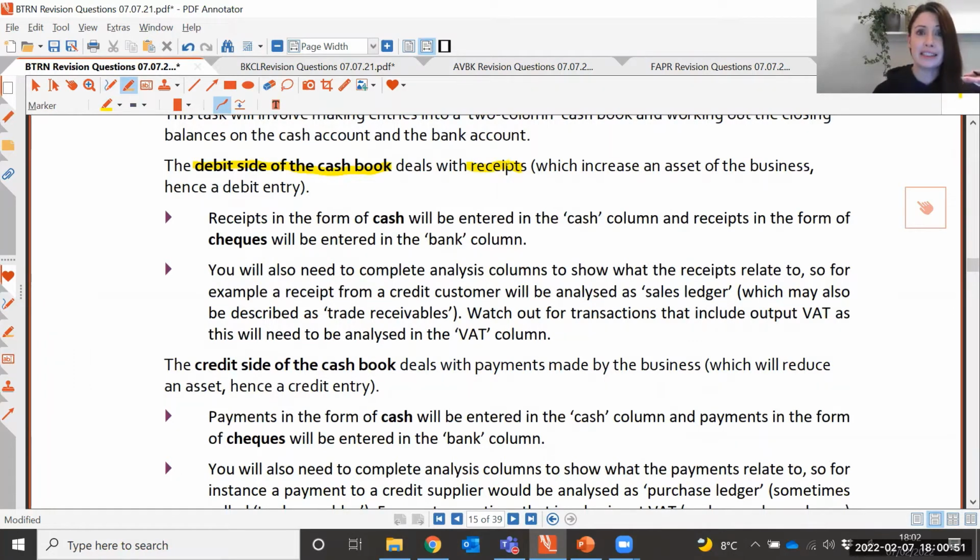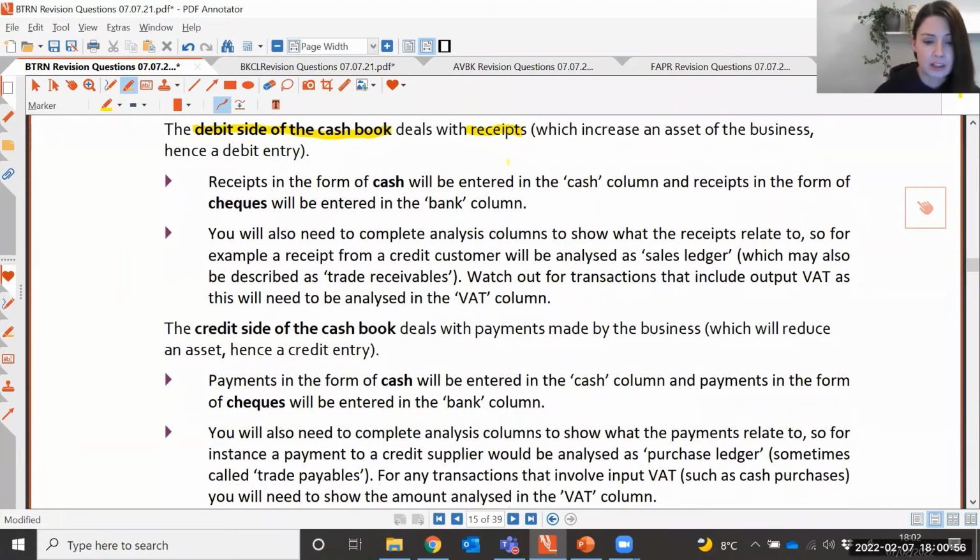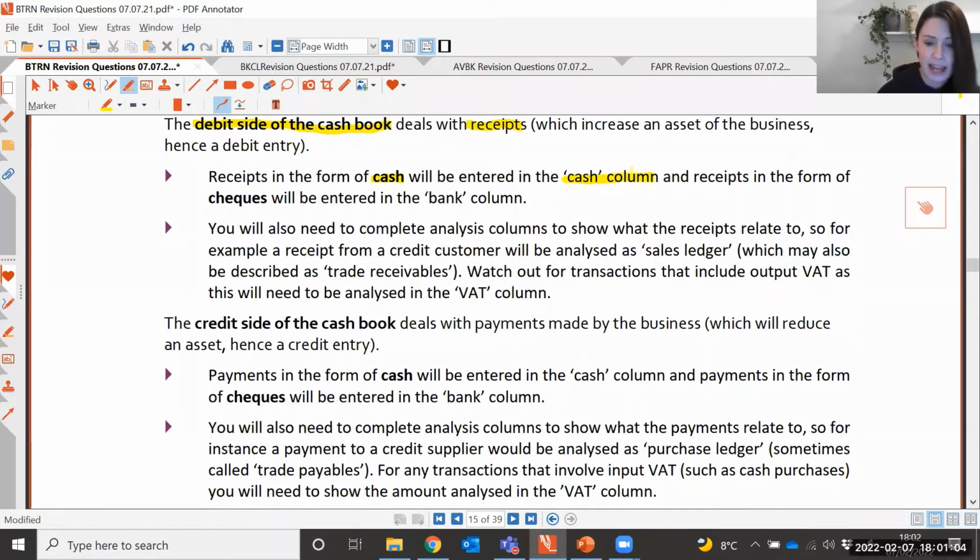So this is increasing the asset of a business. Receipts in the form of cash will be entered into the cash column of the cash book, and any receipts in the form of checks will be entered into the bank column. It's really important within this task to make sure that you distinguish between a cash transaction and a transaction within the bank, and ensure that you enter the amounts into the right column.